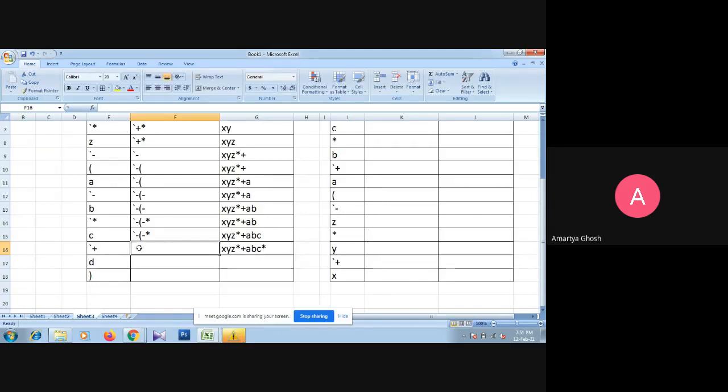Okay, then plus will sit over the minus. So minus is younger than the plus, minus and then plus.